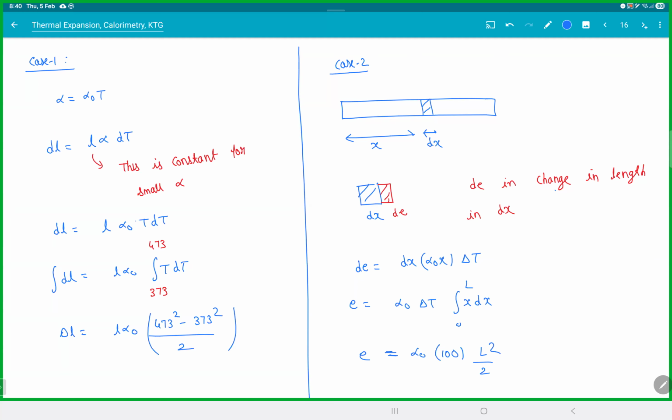So in the first case, you're integrating with respect to temperature. In the second case, you're integrating with respect to x. So when you integrate with x, the change in temperature is constant. So basically, every point on the rod will have the same temperature difference. All clear with this?